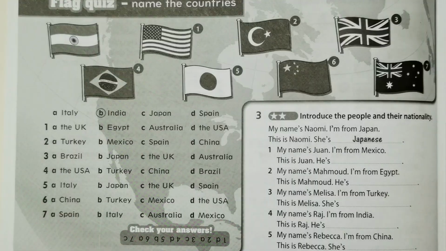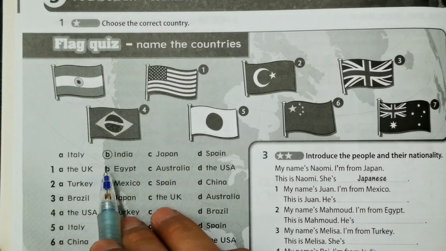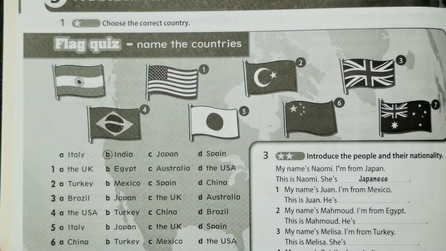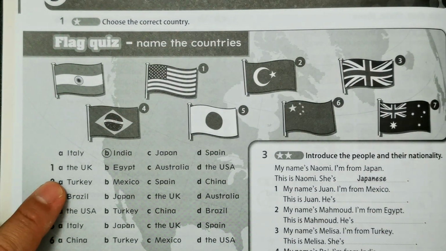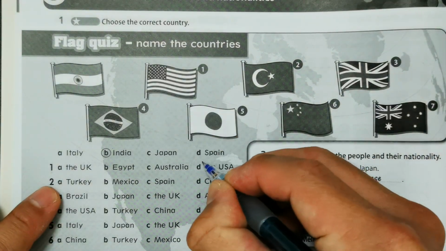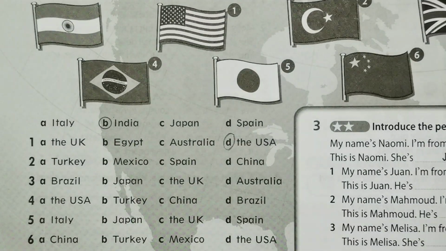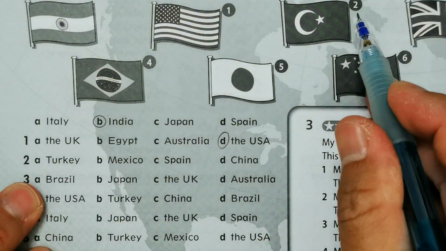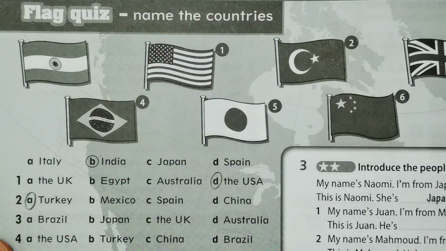Basically you can check the answer here, but we will just go one by one. Sorry, for the first example, India is given. Correction, number 1: we have the USA, which stands for the United States of America, so number 1 is D. Number 2, Turkey.